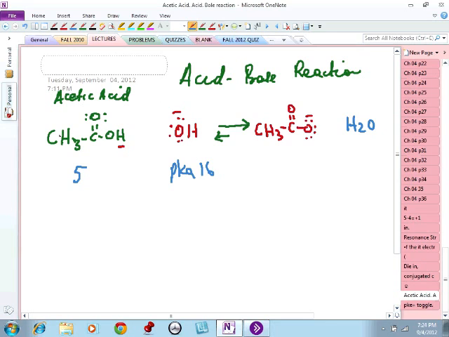So you have a pKa value here of 5, and then the water has a pKa value of 16. Sorry about that. So the direction of an acid-base reaction goes from the relatively strong acid to the relatively weaker acid. So in this case, this reaction will go in this direction.